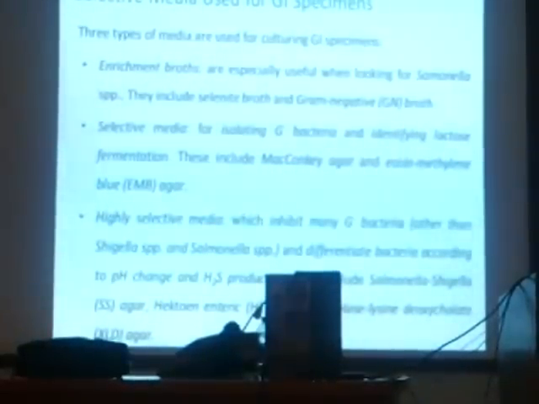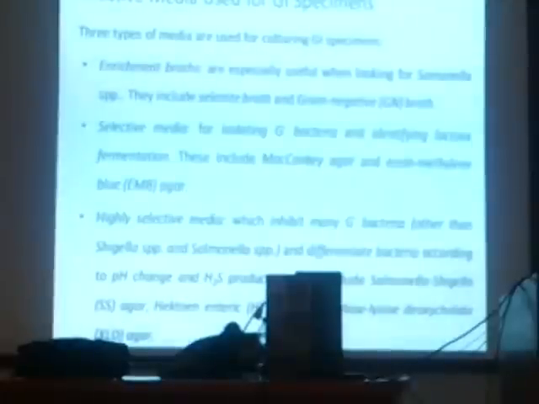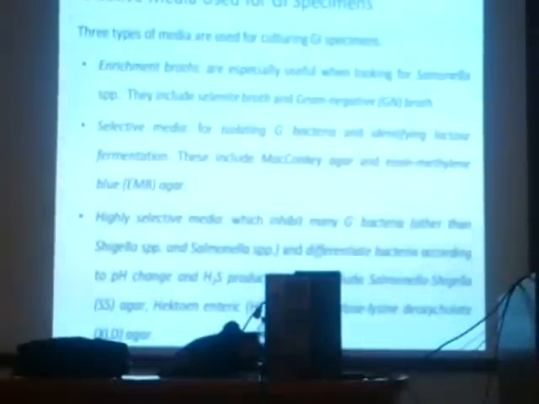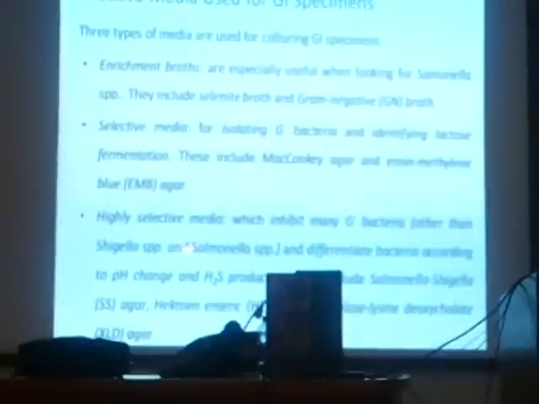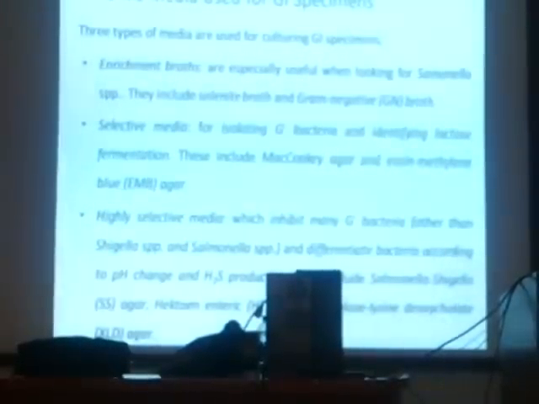Then we have what we call highly selective media. From their name, they are not only selective against gram-positive bacteria, but they also select against many gram-negative bacteria. Right? So they help us in isolating more and more those two genera, Shigella species and Salmonella species.